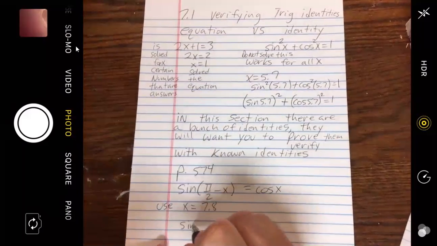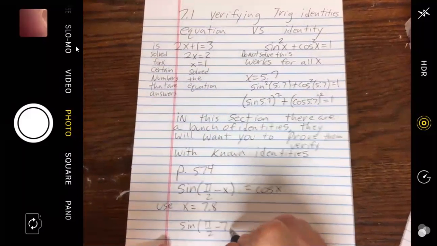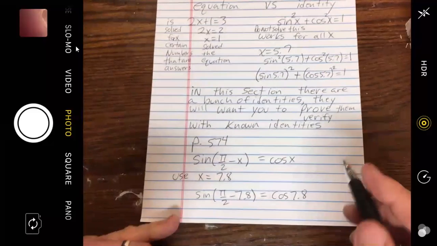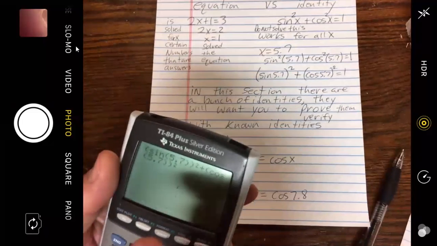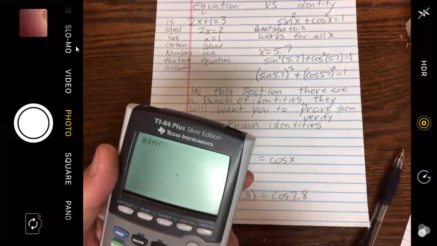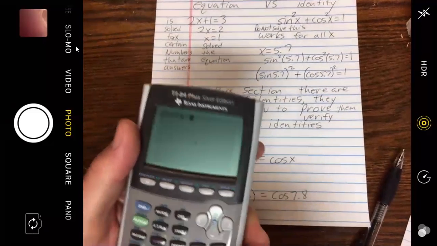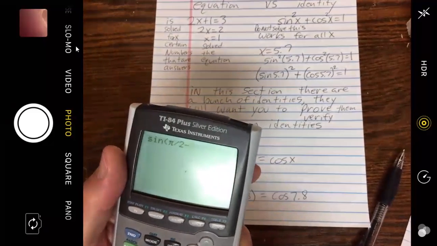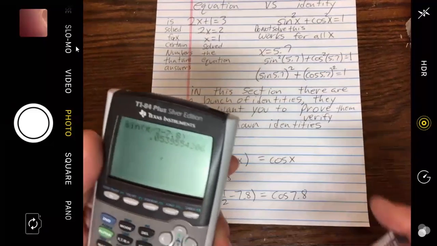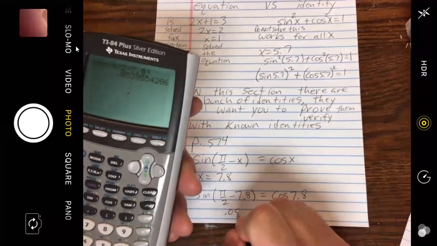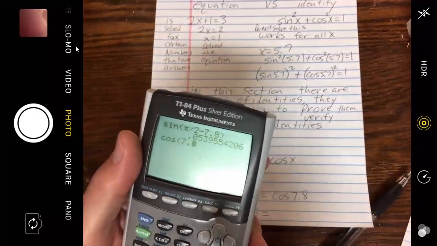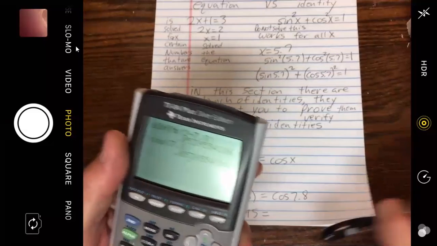Sine of pi divided by 2 minus 7.8 gives 0.05395. Cosine of 7.8 gives 0.05395.